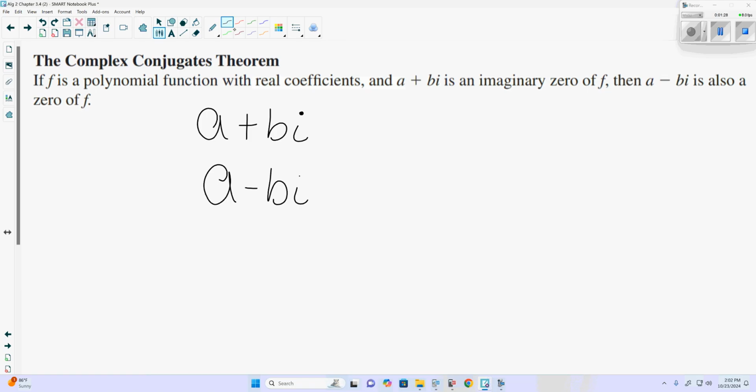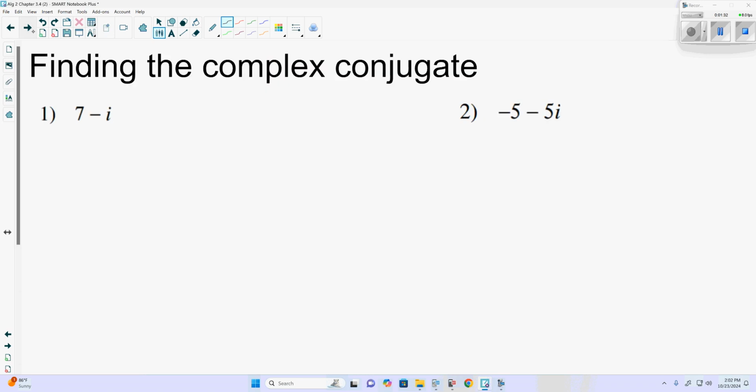Okay? Are we ready for this? What is 7 minus i's complex conjugate? It would be 7 plus i.